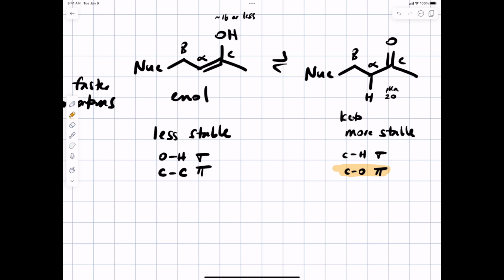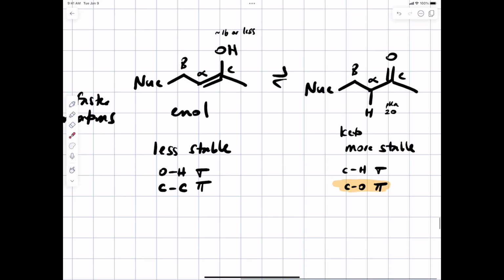It's true that an oxygen-hydrogen bond is more stable than a carbon-hydrogen bond, at least in terms of bond dissociation enthalpies, but the difference isn't huge. If an OH bond is like 105 kilocalories per mole and a carbon-hydrogen bond is about 100 kilocalories per mole, that's a 5 kcal per mole difference. What I'm saying is the difference in stability between the carbon-oxygen pi and carbon-carbon pi bonds totally overwhelms and makes up for that difference.